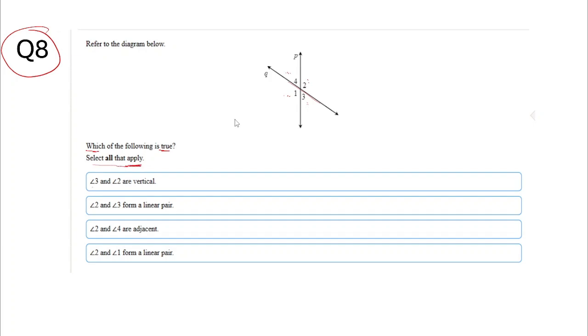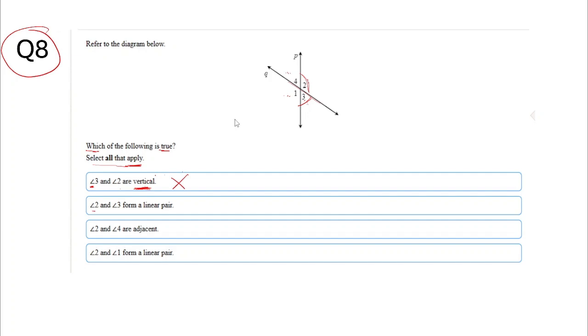Okay. Here it is saying angle 3 and angle 2 are vertical. Vertical, that means, as we said before, it's like opposite angles. So angle 3, what is the opposite of angle 3? You see this line, so the opposite is 4, not 2. So this answer is wrong.